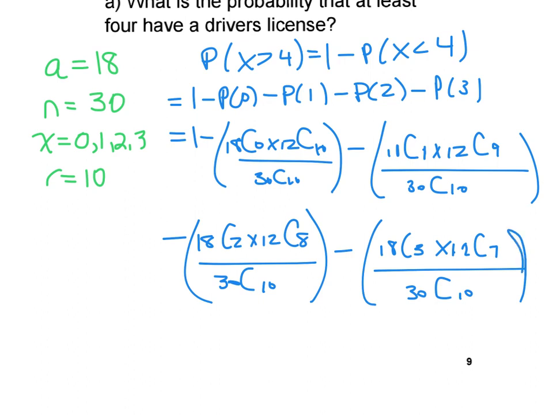And you can put that all in one if your calculator will let you, or do it separately, but you should get 0.98. So there's actually a 98% chance that at least 4 of the students that you choose out of the 10 have a driver's license.